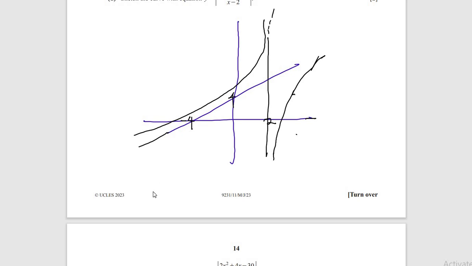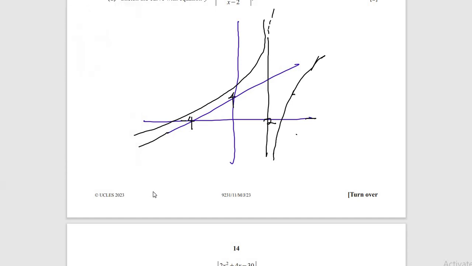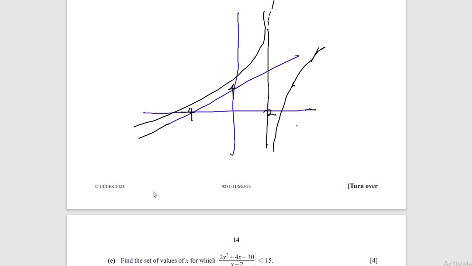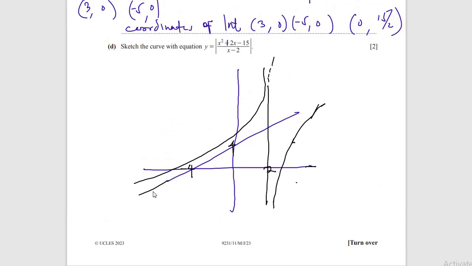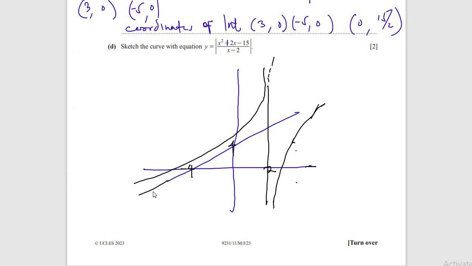And in this case now, since you are dealing with modulus, modulus will take away all the negative part. So this will flip upward, like this. For modulus, the negative part here will flip upward.